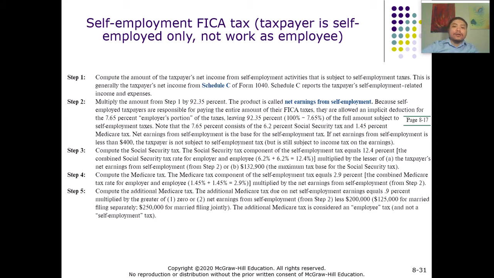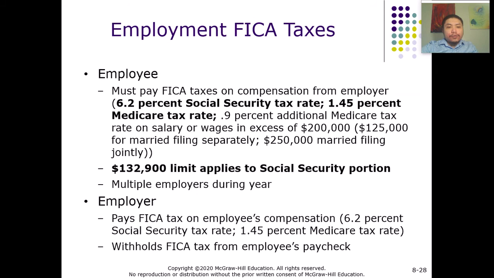For taxpayers who earn very high income, with salary or wages above $200,000 for all taxpayers, and the threshold is $125,000 for married filing separately taxpayers, and $250,000 for married filing jointly couples.